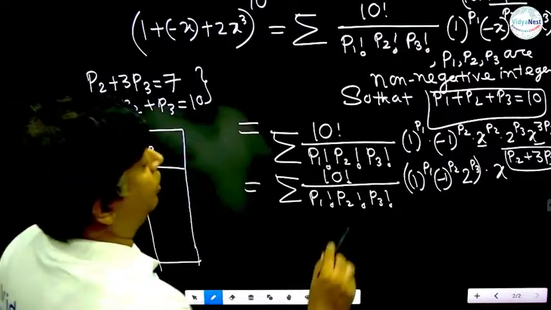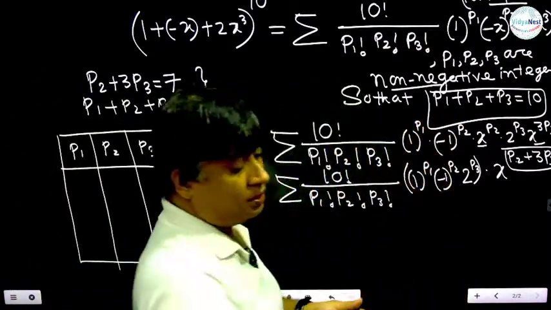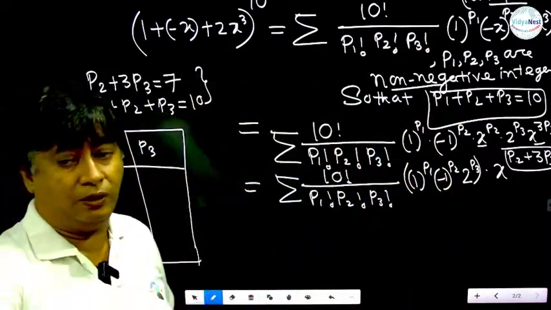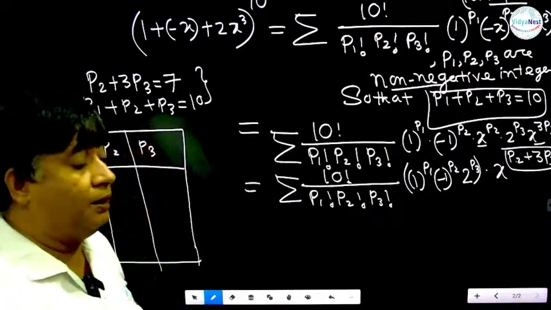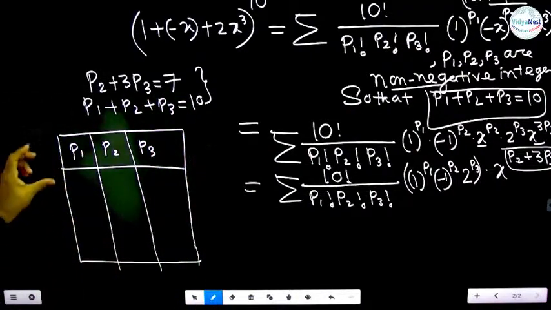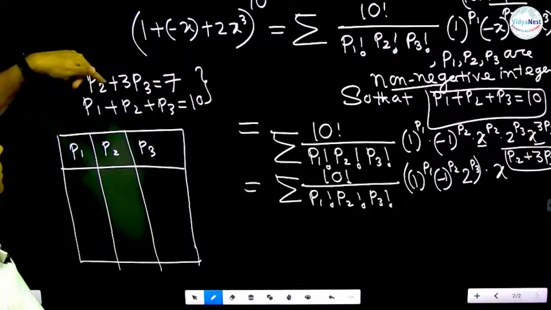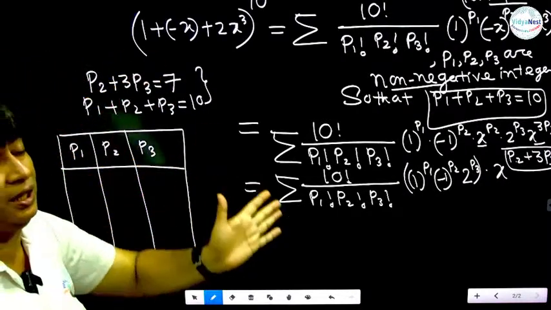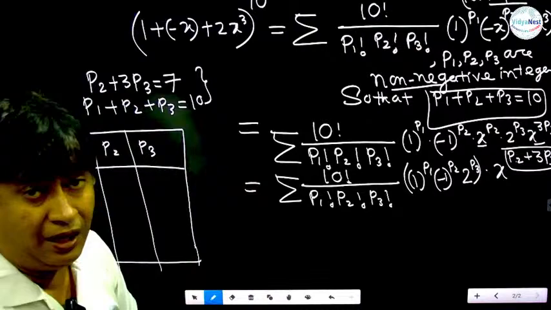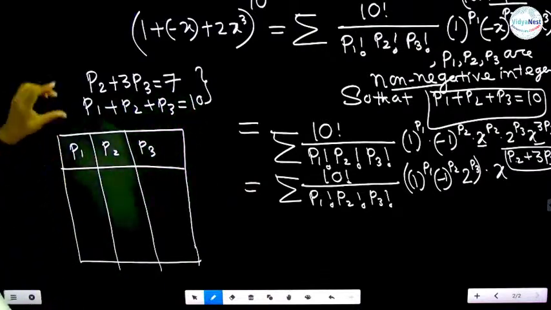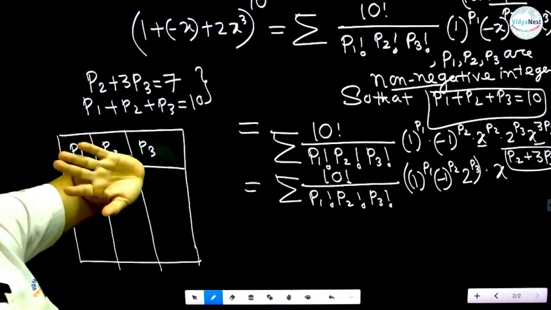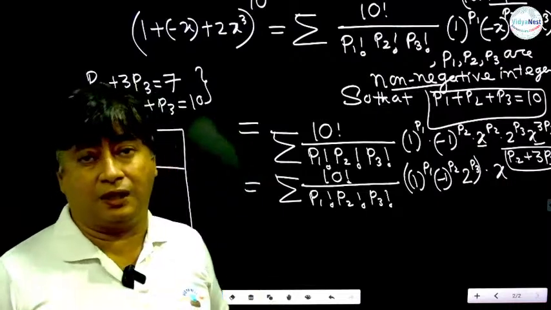Why? Non-negative means not less than 0. It can be 0 or more than 0, but integer. Yes or no? Yes sir. I will start choosing p2 as 0. Then p3 will become fraction. Fraction is not allowed. So p2 as 0 must not be taken.